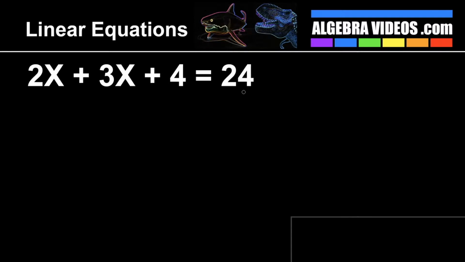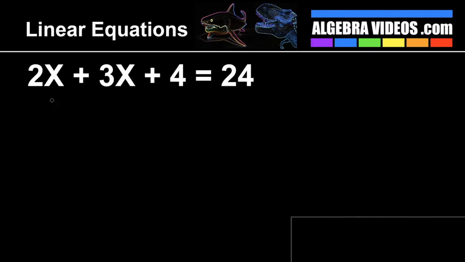So what we want to get is x by itself on one side of the equation. Well, the first thing we want to do is look for any opportunities to simplify the problem before we start working on it. And we can simplify this 2x plus 3x because 2x plus 3x is 5x. 2 times anything plus 3 times that same thing is the same as 5 times that.